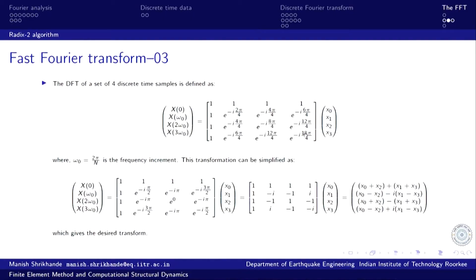So, this 18 pi by 4 is numerically equivalent to e raised to the power minus i pi by 2 simply. And similarly, all these expressions would be wrapped back into the fundamental range of discrete frequencies, making use of periodicity.